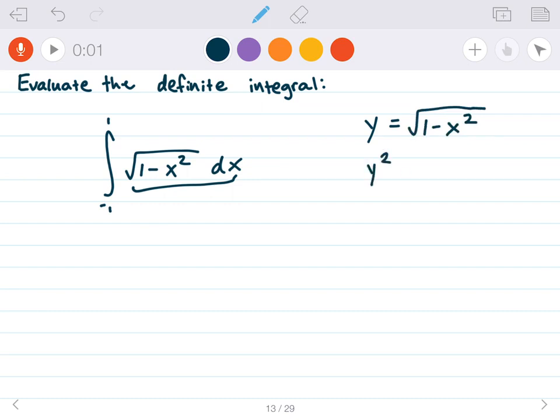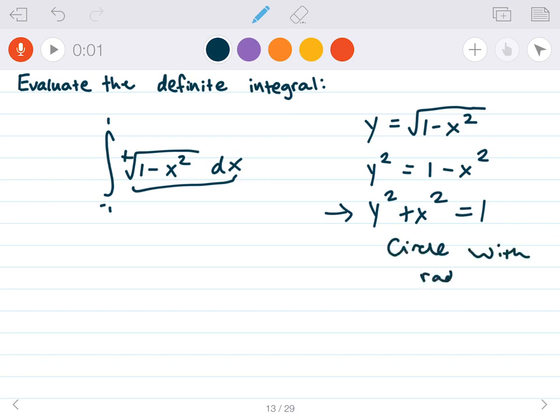If we square both sides, we get y squared equals 1 minus x squared, and finally add x squared to both sides to get y squared plus x squared equals 1. Now, this is a circle centered at the origin, right? This is a circle with radius 1 centered at the origin.